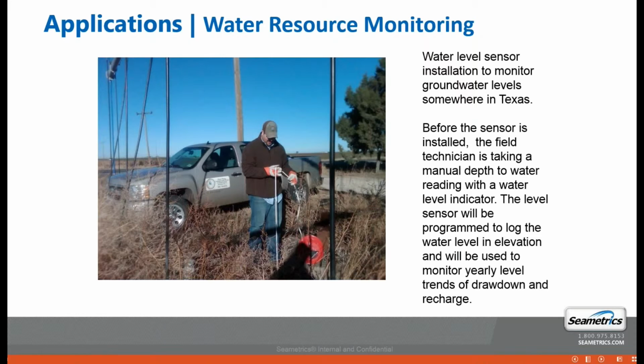So then they have to figure out, okay, are we going to use this water in irrigation systems? Are we just going to save it for drinking water, and other types of considerations? If you'll notice, he has a water level indicator in his hand, and basically that's just a sounder that you put into the water, and once you hit the groundwater, it'll make a beep so that you know where to set your sensor.